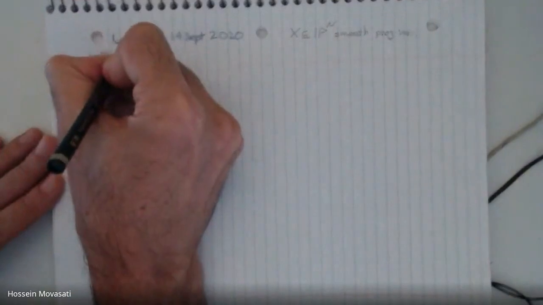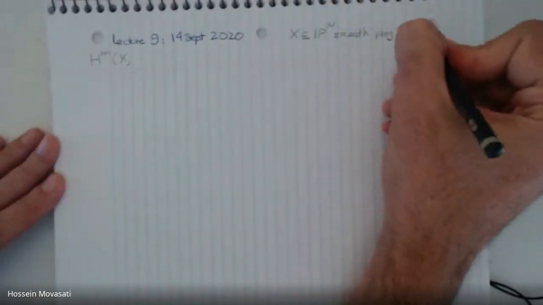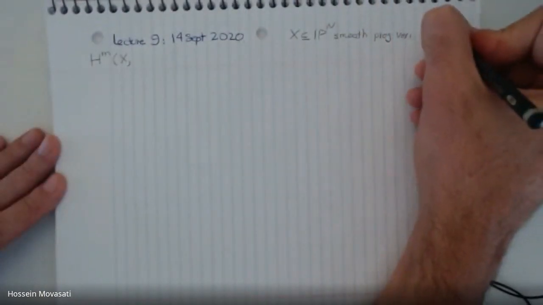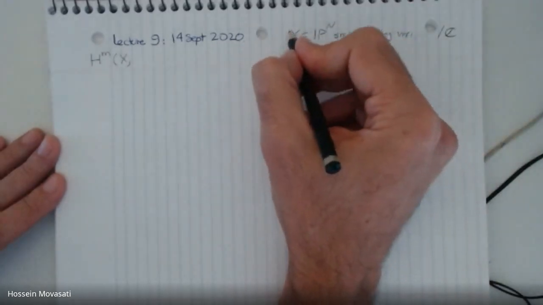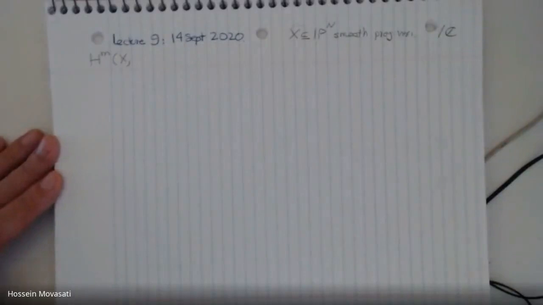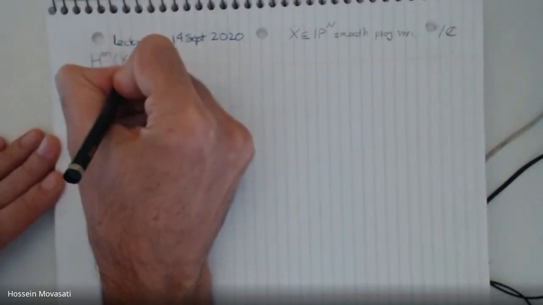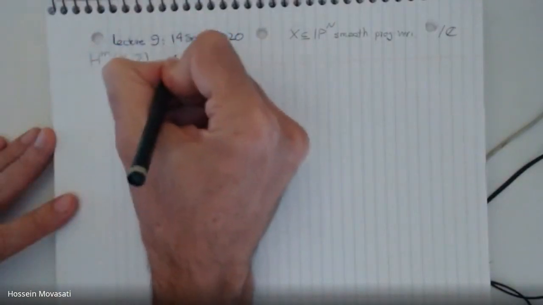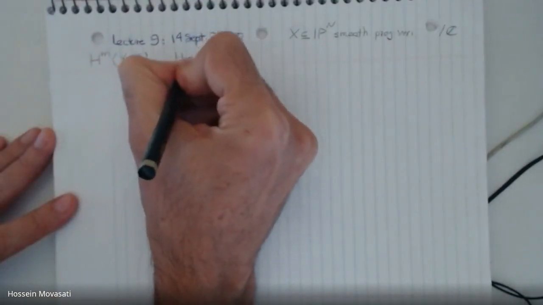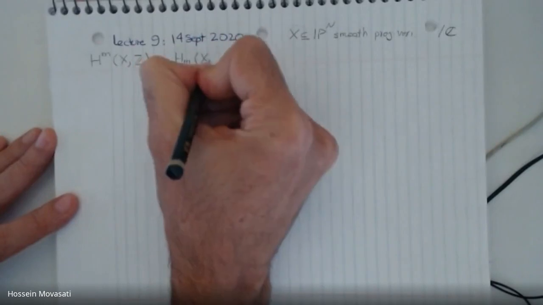And so far everything has been over complex numbers, and for me this is just a complex manifold. And we have seen these Čech cohomologies, and at the end we have also homologies.